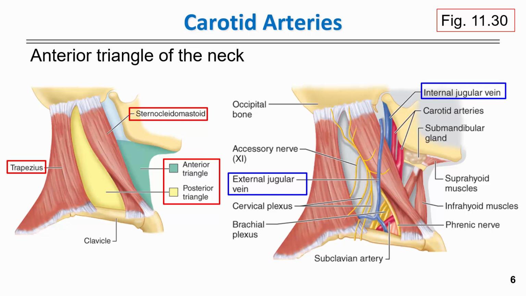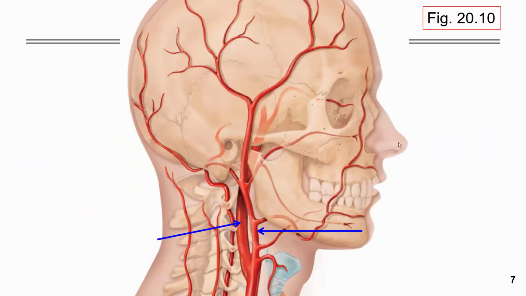The internal jugular vein lies deeper to the external, and this is the vein that is returning deoxygenated blood from the brain. And moving in the opposite direction, what you see here much deeper are the carotid arteries that carry that oxygenated blood to the head, neck, and brain regions.